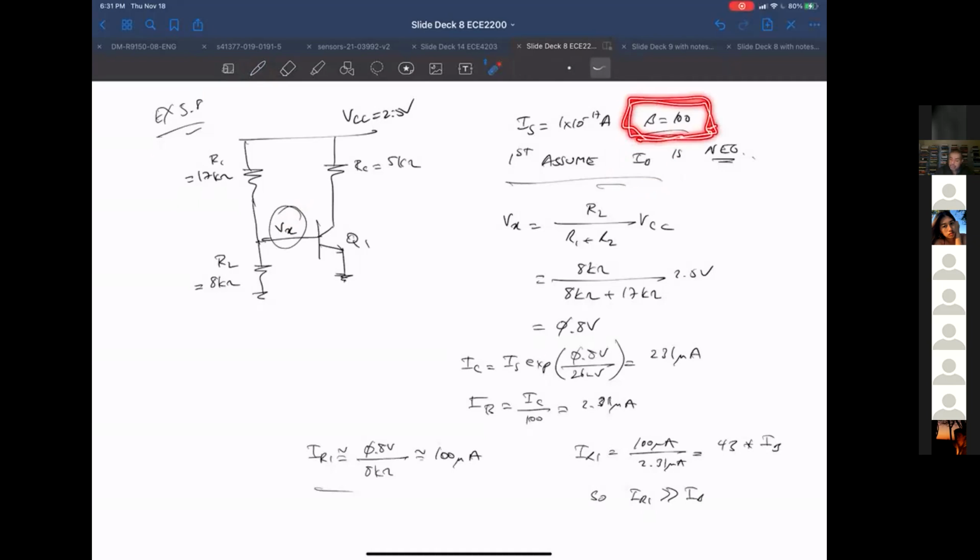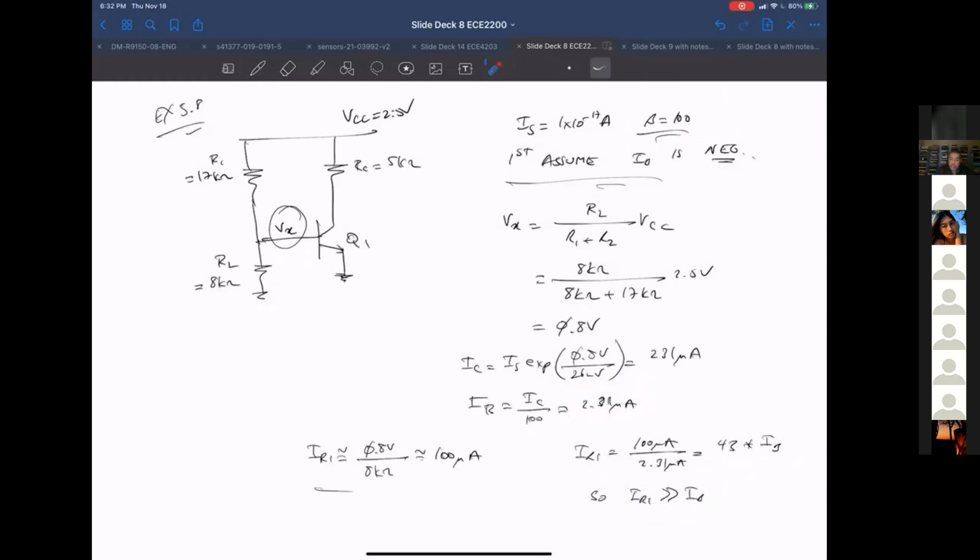Then my I sub B would be about 1.15 microamps, and IR1 would still be much larger than I sub B, so I would still end up with a Vx of 0.8. Now let's see if beta was 150. This would end up being about 3 microamps, and IR1 is still much larger than 3 microamps. So this Vx would still be around 0.8.